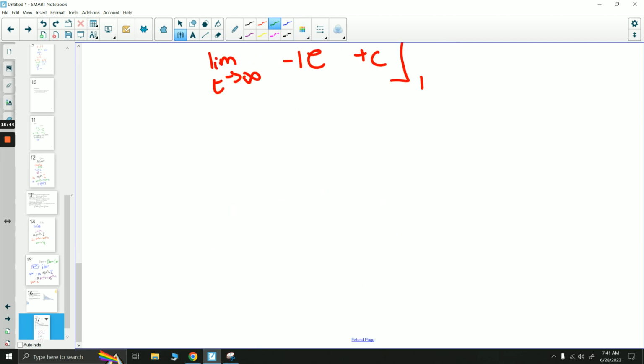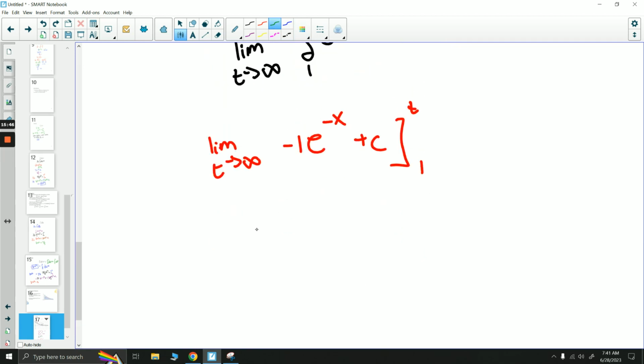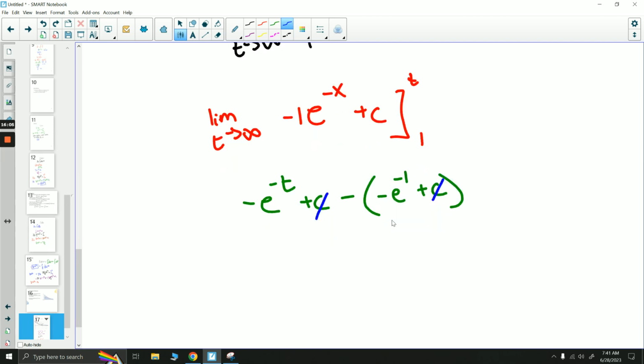Okay, so plugging this in, we have negative e to the negative t plus c, minus, now plugging in 1, negative e to the negative 1 plus c. So these c's cancel, obviously.